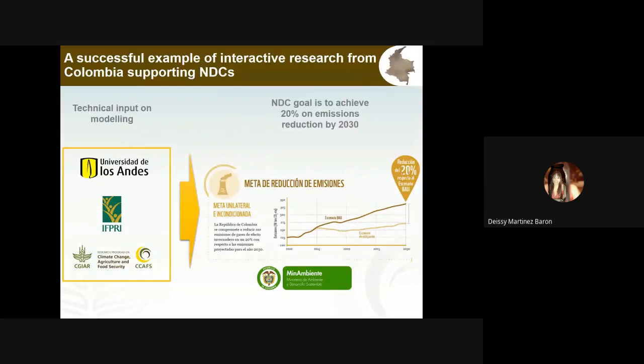So the first case is, as I mentioned, the NDC. What we did was to provide technical input using an integrated approach of the AFOLU sector developed by IFPRI, the International Food Policy Research Institute of the CGIAR. And we worked together with the Andes University, one of the technical partners of the government.